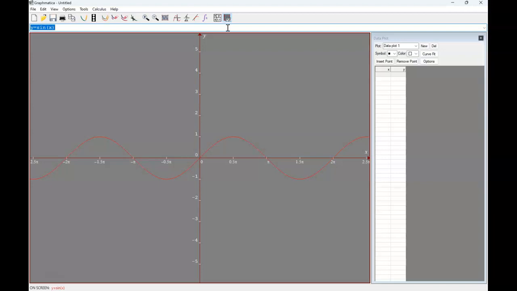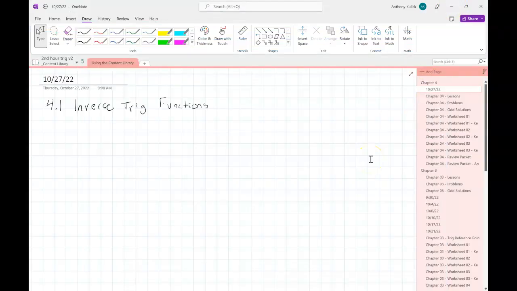Let's say that I wanted to find the inverse for this function. Maybe let's step back one step here. So recall, if I can do sine of something, what kind of things can I plug into the sine function? Angle measure, right?